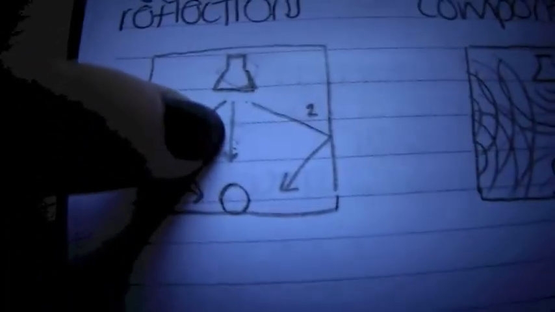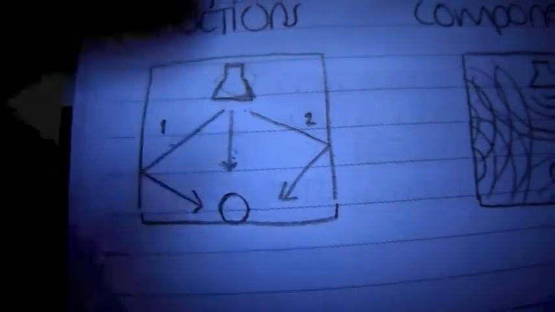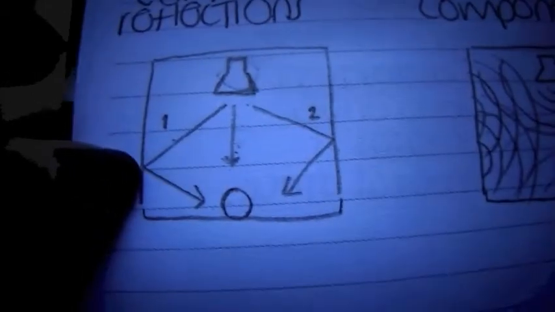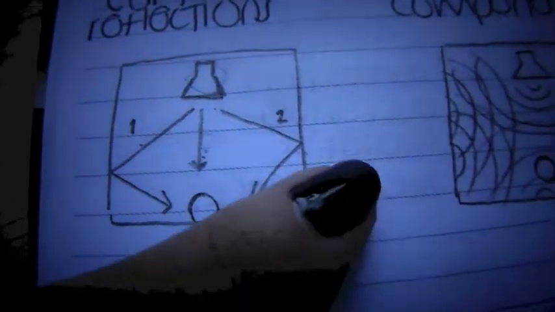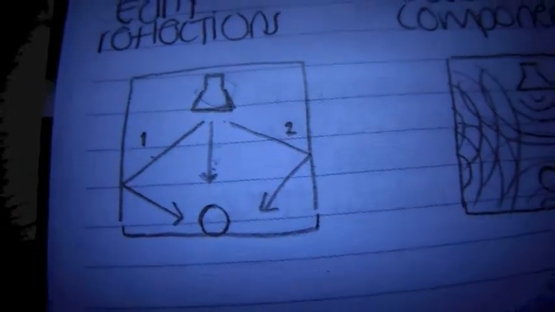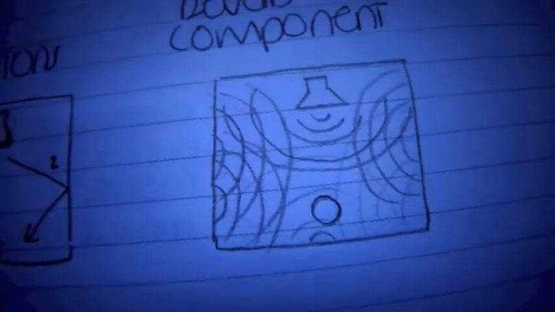And this arrow right here represents the direct signal, or the dry signal, we also call it like that. And these two represent an early reflection, each one in a different wall. Now, a reverb component is actually more complex because we are representing all the reflections in the room, because we do not have just one or two reflections.